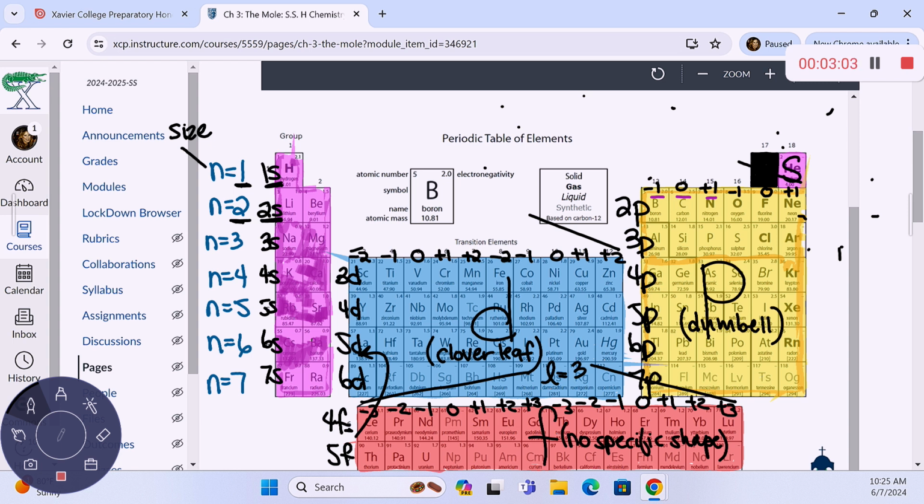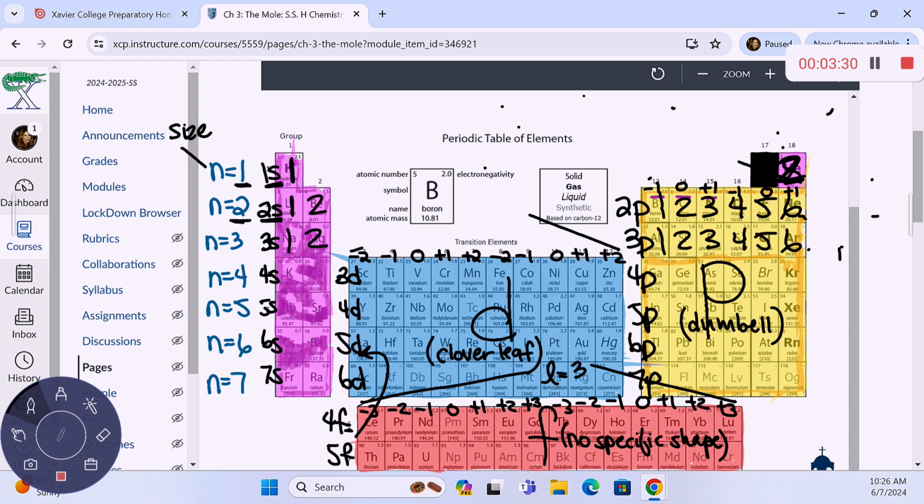For instance, in 1s, I have 2 boxes that I can fill, so I can hold 2 electrons in 1s. 2s holds 2 electrons. 2p holds 6 electrons. Okay, 3s holds 2. 3p holds 6.